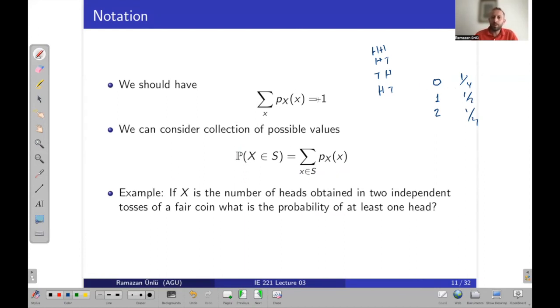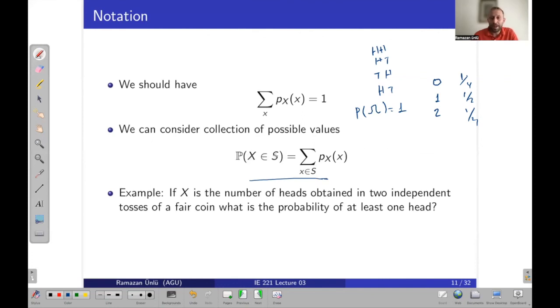Also, you can deduce this thing from the probability axioms, because the union of all possible subsets will create our omega, right? And the probability of omega, if you remember, is equal to 1. In the same way, we can consider the collection of all possible values as this equality, right?